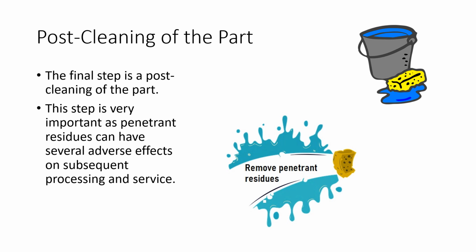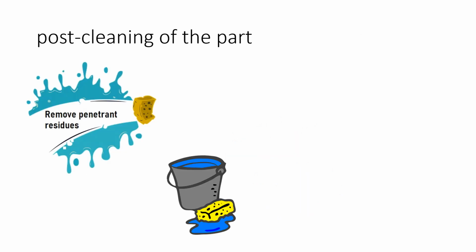Like I said, like it says here, this is super important because these residues can have adverse effects on whatever we're going to do to it next, or maybe the end service that we're going to use this part for. So that's something that we need to be cognizant of. Once again, post cleaning of the part.